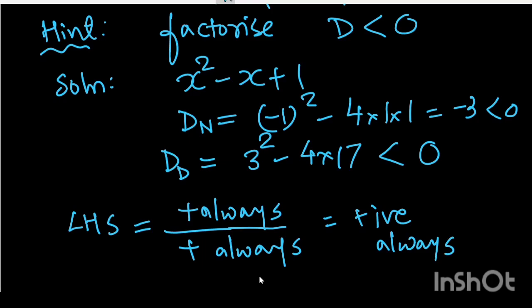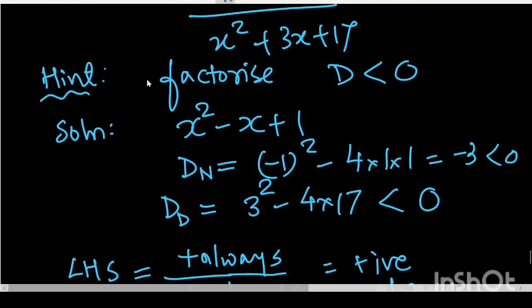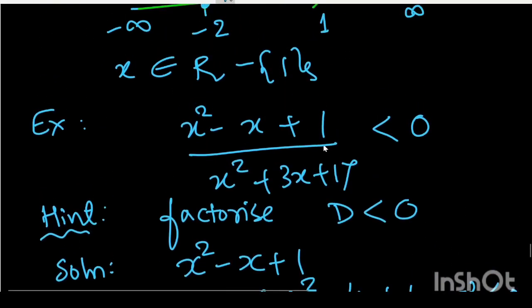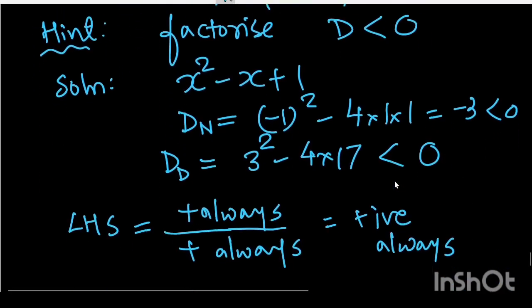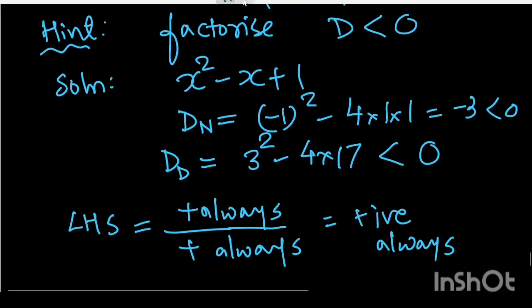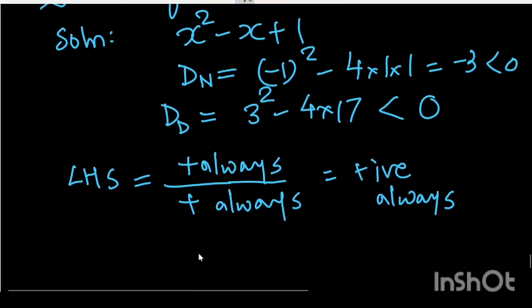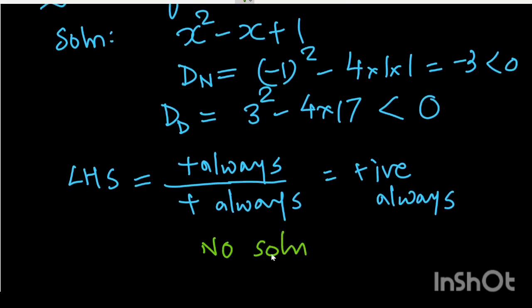So if you impose a constraint, since in this question the left hand side is positive, both are positive, negative is not possible. There is no such x for which this becomes negative. So no solution we can say in this case, because we cannot even make it 0.